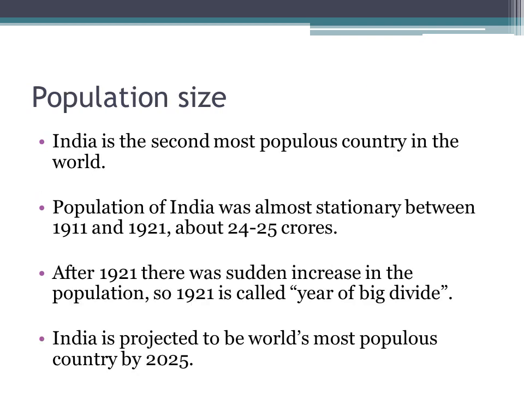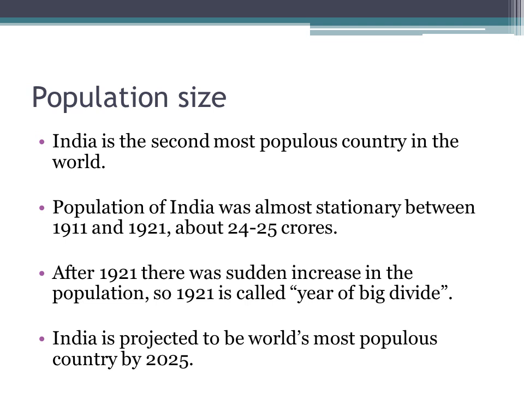Now, coming to population size, as we already mentioned, that population size is the number of people living in a country during a given year. Now, India at present is the second most populous country in the world after China. The population of India was almost stationary between year 1911 and 1921 and was about 24 to 25 crores.